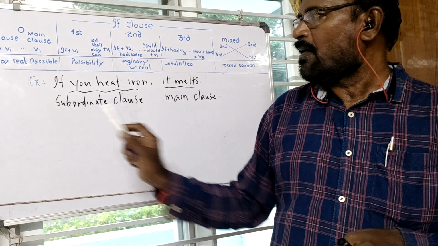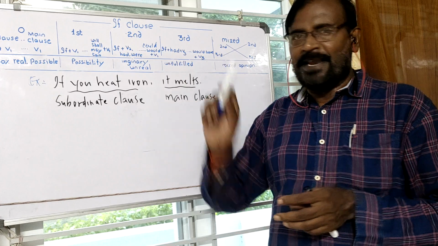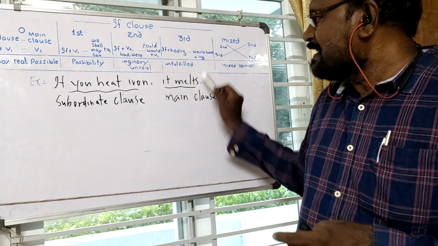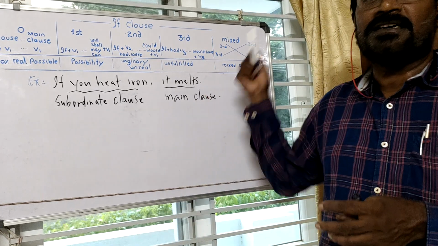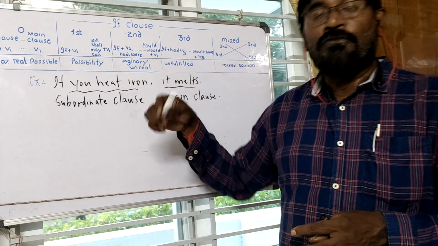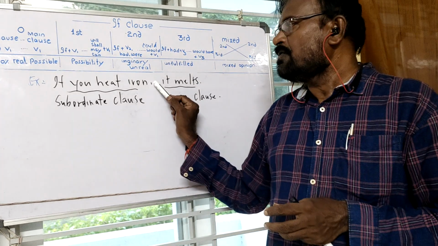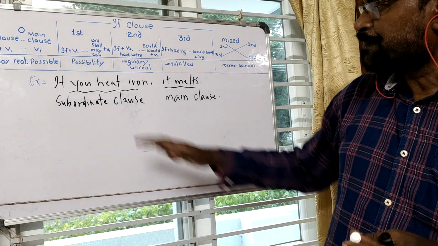That is why we call the if clause a subordinate clause. And this is a main clause as it gives complete meaning itself. It doesn't depend upon another for complete meaning.